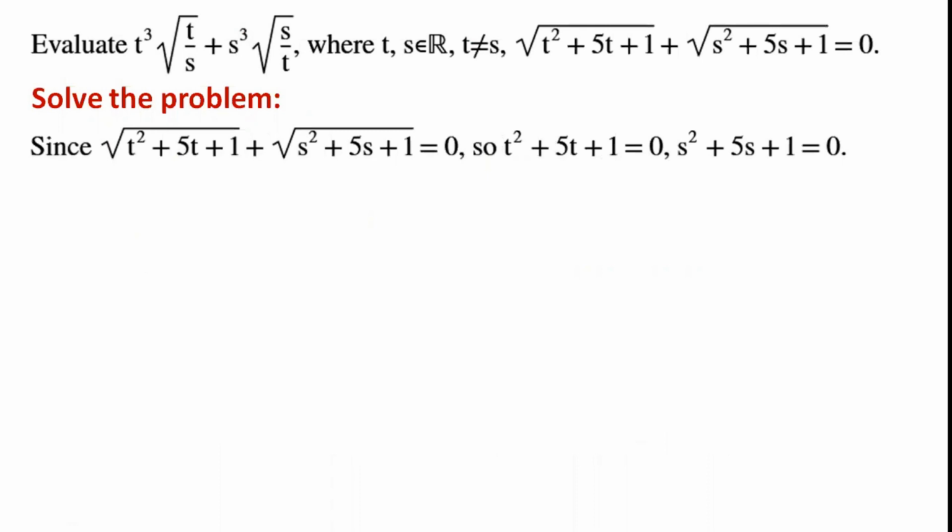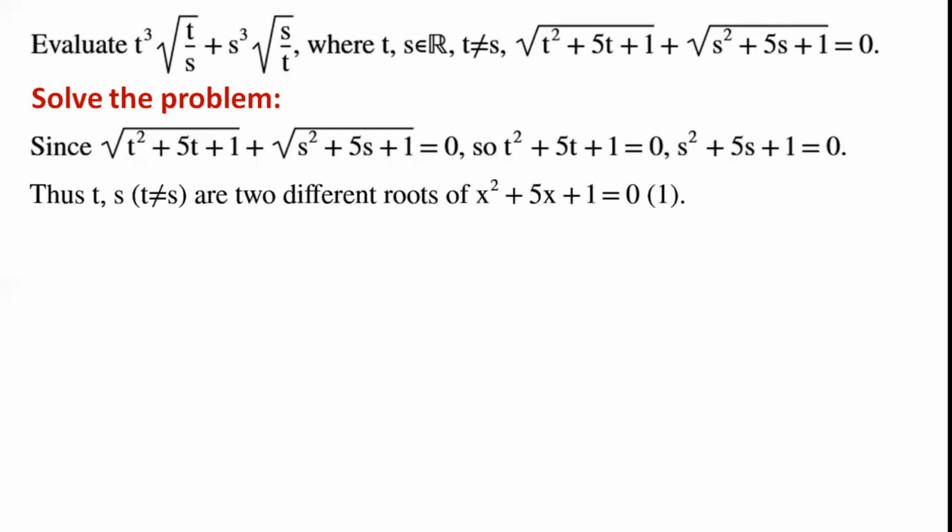Since root of t squared plus 5t plus 1 plus root of s squared plus 5s plus 1 equals 0, t squared plus 5t plus 1 equals 0, and s squared plus 5s plus 1 equals 0.